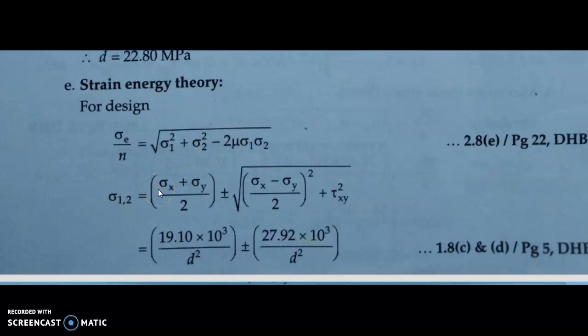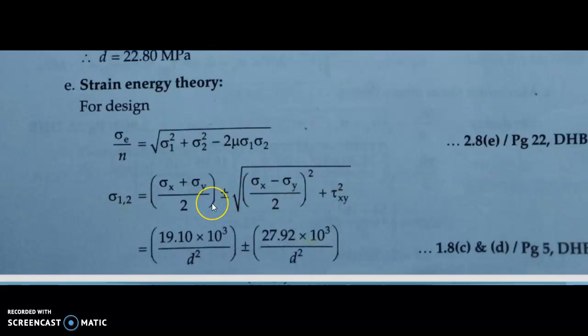How can we calculate it? The maximum principal stress we can calculate from the data. We can take that equation from the data book, page number 5, equation number 1.8c: sigma X plus sigma Y divided by 2 plus root of ((sigma X minus sigma Y) by 2) whole square plus tau XY square.